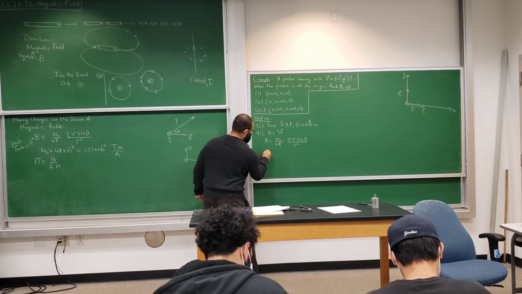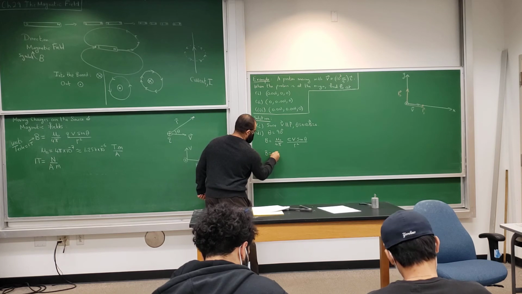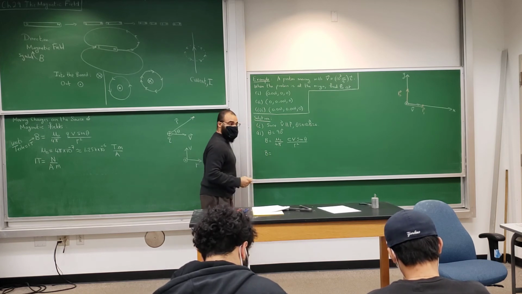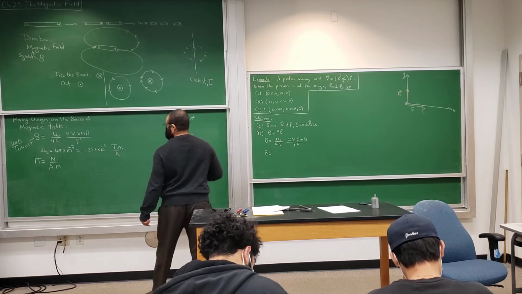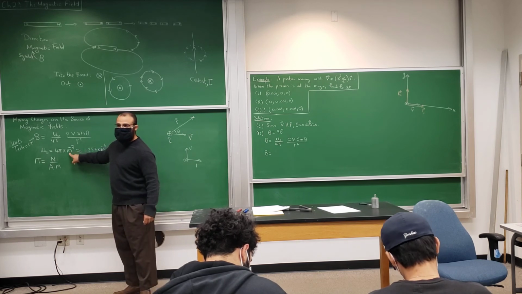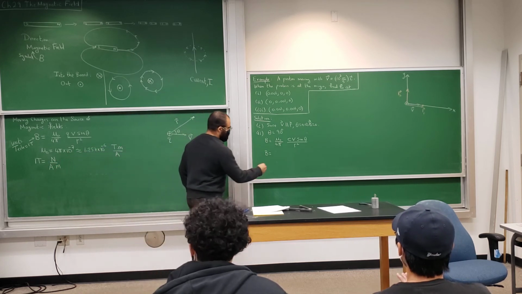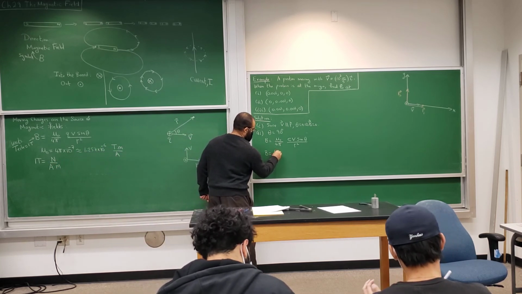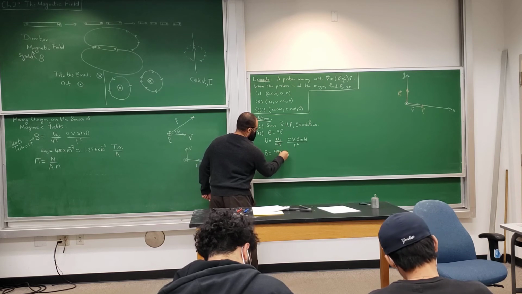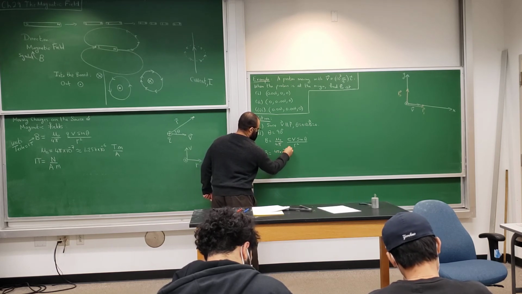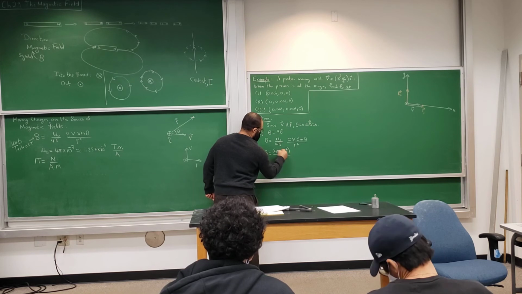Okay, so you get B equal to mu naught. Well, let's put in what mu naught is. Mu naught is this number, 4 pi times 10 to the minus 7, in SI units, right? That's mu naught divided by 4 pi.